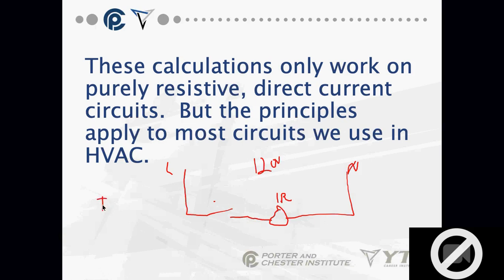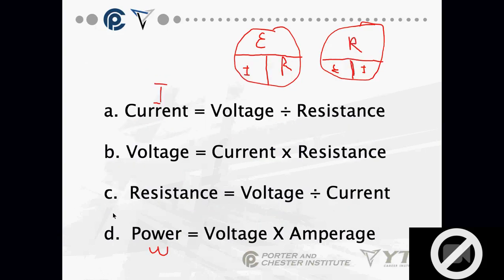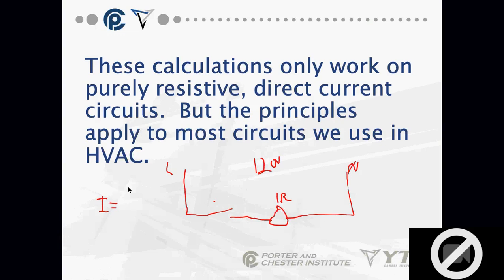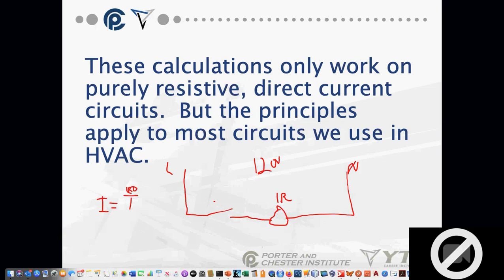Strictly speaking, if we go back to the last slide, amperage is current. So current is voltage divided by resistance. 120 divided by 1. Now, if I have a current of 120 amps, think about that. What is going to happen to my circuit breaker?